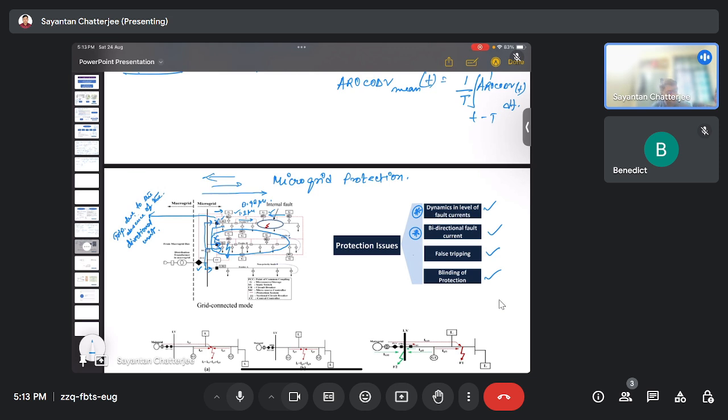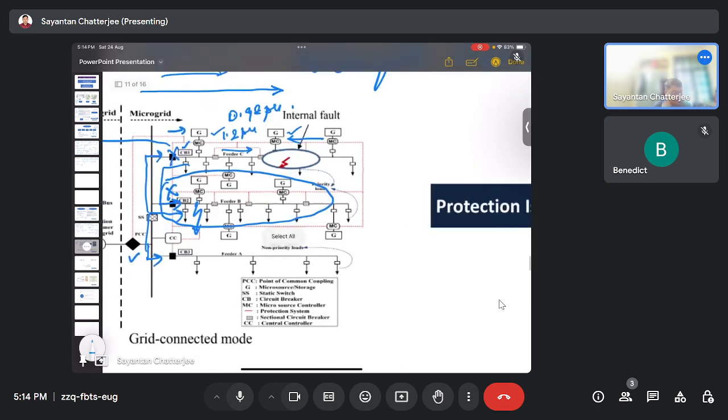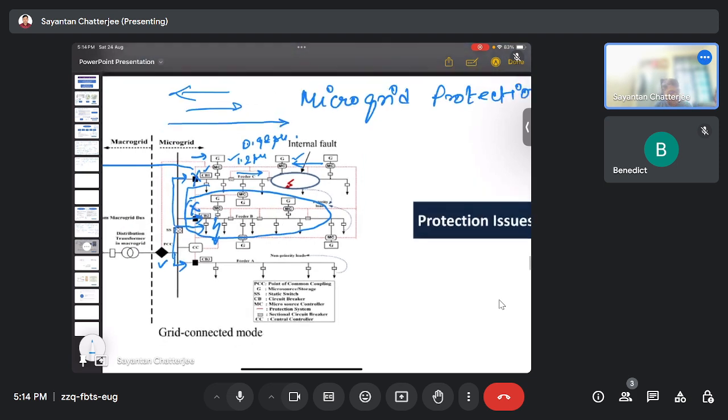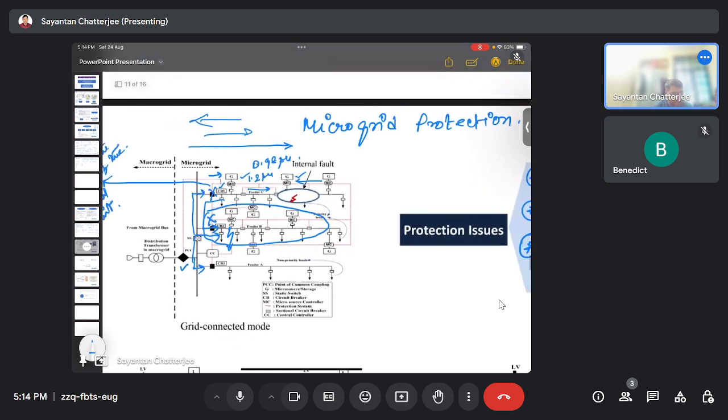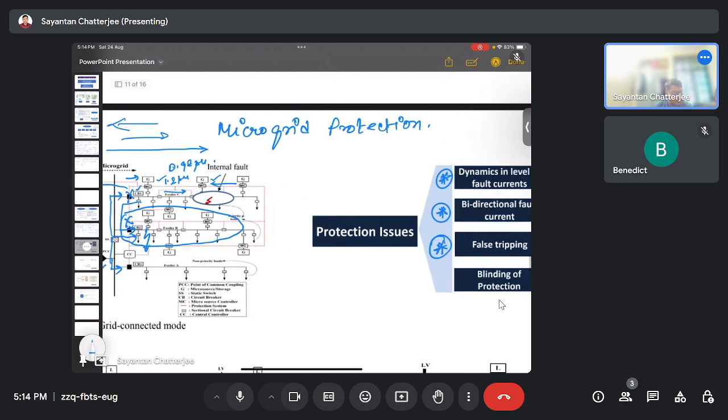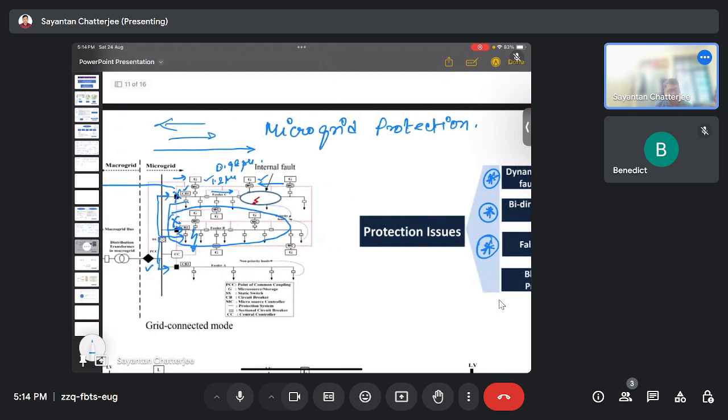Now come to the case of false tripping. What is false tripping? So we can observe that suppose this is an overcurrent relay. This case is, as we have discussed, feeder one.